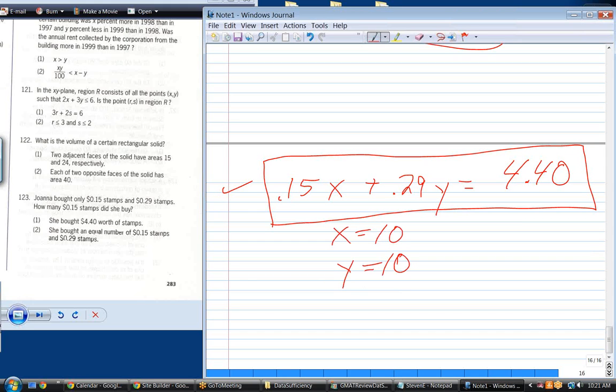Question is, are there other solutions? And maybe not. I'm not quite sure how to completely determine that. But I think you were on to it.